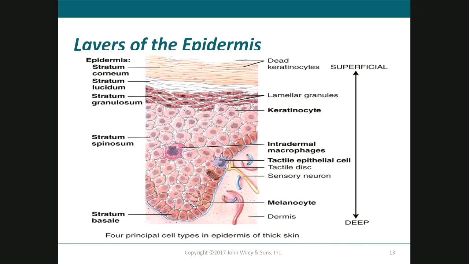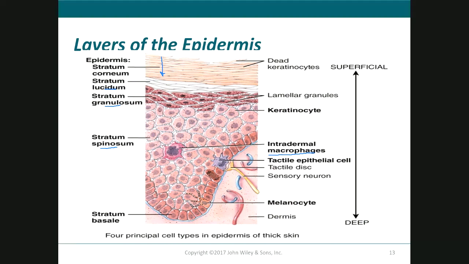So again, we have to memorize that order: stratum corneum, the dead cells, stratum lucidum. When you see a stratum lucidum, it looks like a clear region, and this would be in the palms of our hands or the soles of our feet. Granulosum, we've got the granular looking cells, the keratinocytes are beginning to die off. Stratum spinosum, a big one here, are the intraepidermal macrophages.